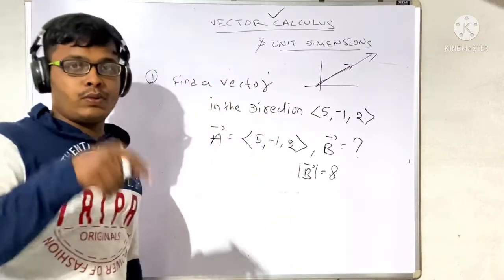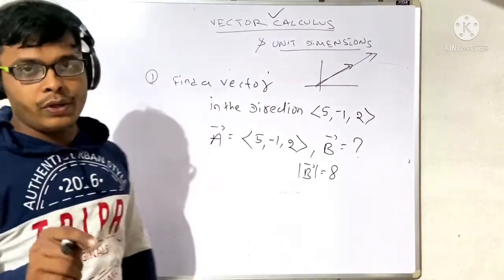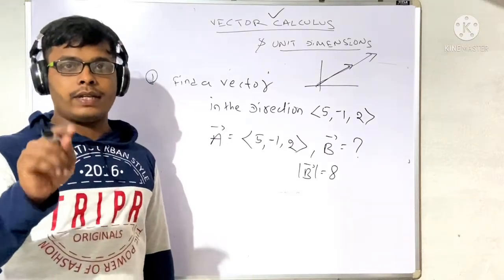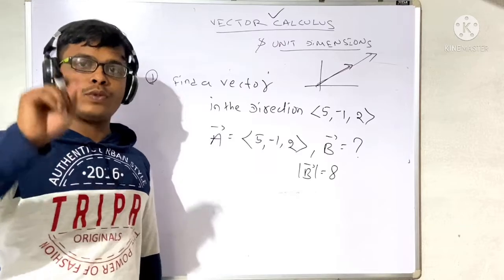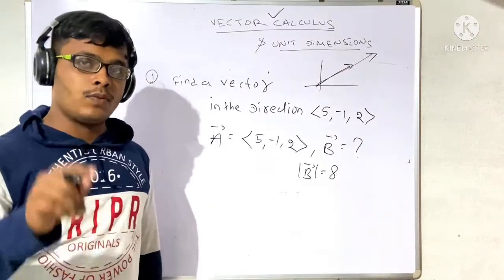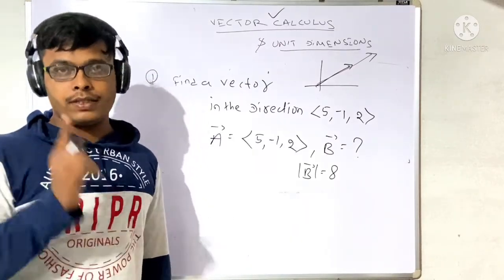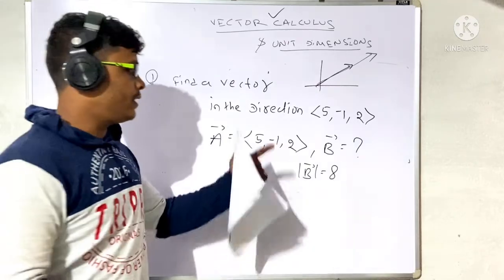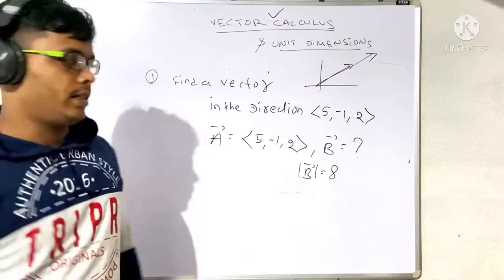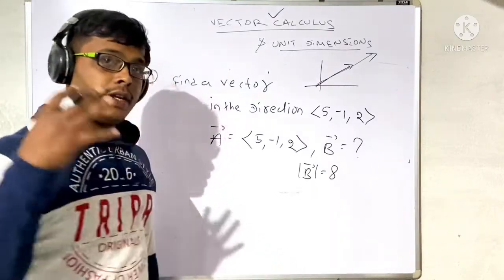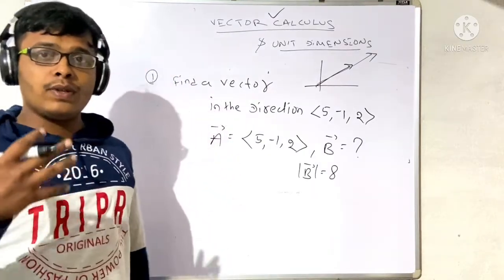Remember, in the previous classes I told you about the unit vector. A unit vector is a vector which has magnitude 1, and it tells the direction. i cap is the direction along the x-axis, j cap is the vector along the y-axis. Similarly, a unit vector always tells you the direction.